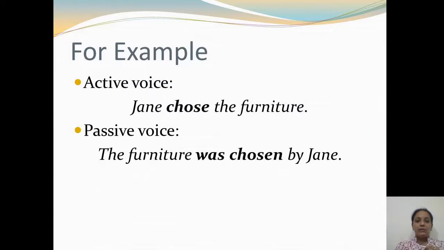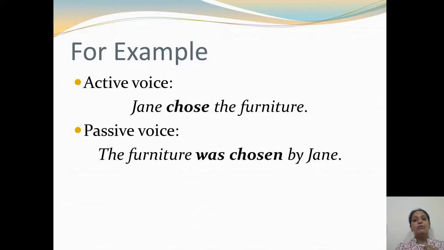For example, in this sentence, you can see Jane is working as the doer of the action. Jane chose the furniture. It is Jane who has chosen the furniture, right? So Jane is the doer of the action. The action is choose, right? And what is selected? The furniture.